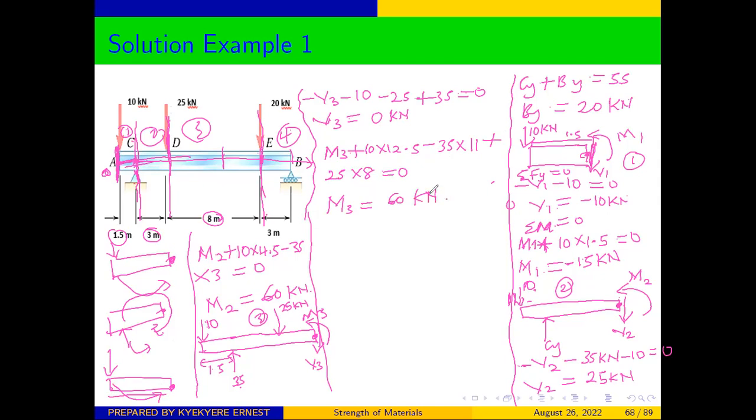Then now we are left with the last section, which is from E to B. So we can get the section at point B. And therefore, when we section at point B, we are going to get our structure like this. We have a force of 10 applied at the end here. So this is 10 kilonewtons.